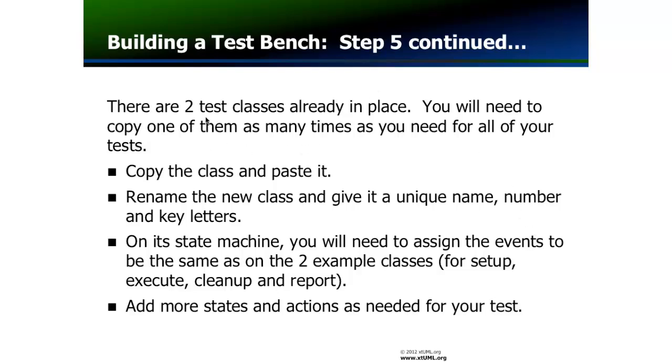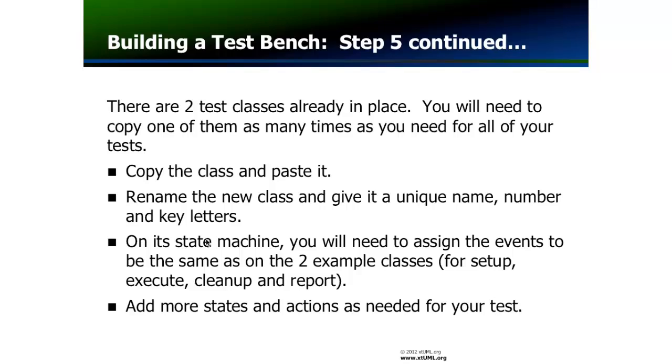So just to review, there are two test classes already in place. If you need to add a third test case, you will copy one of those subtype classes and paste it in underneath the supertype class, rename it, and give it a unique name, unique number, and unique key letters.